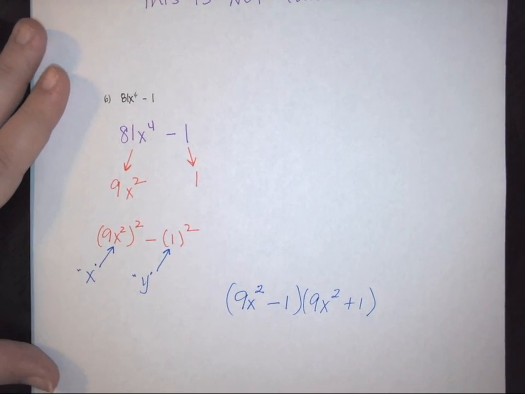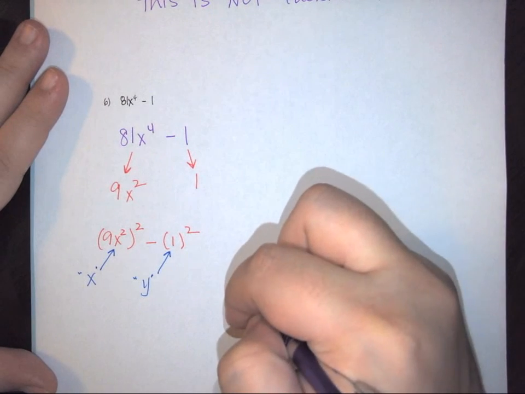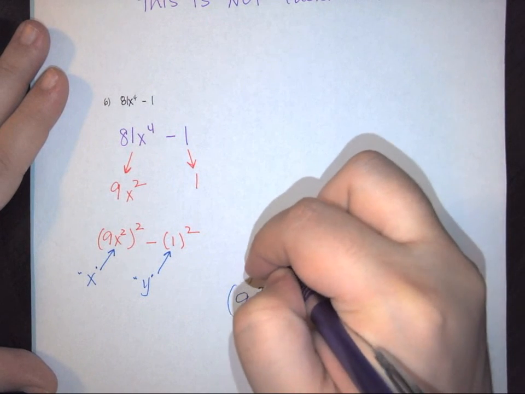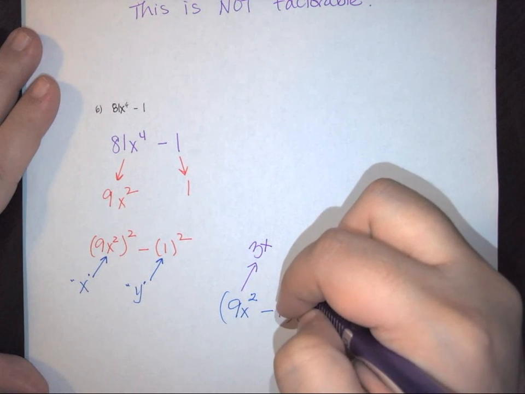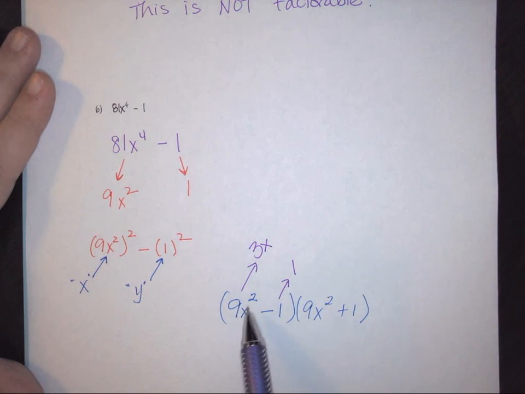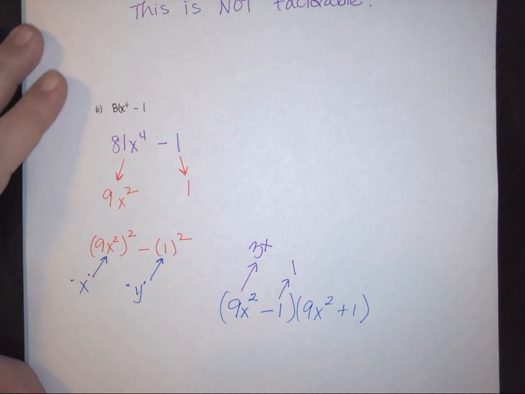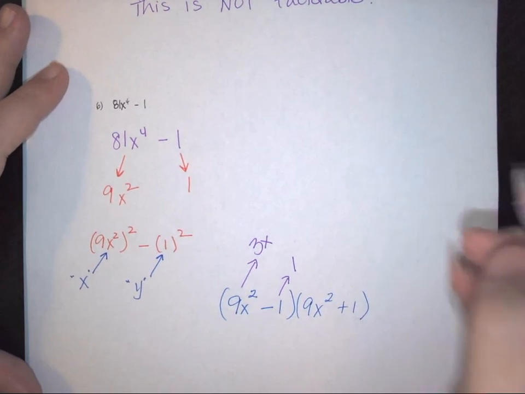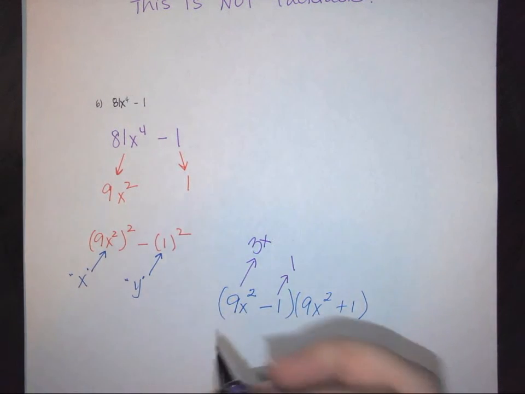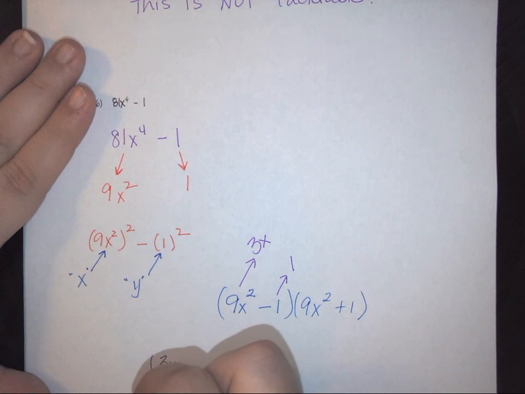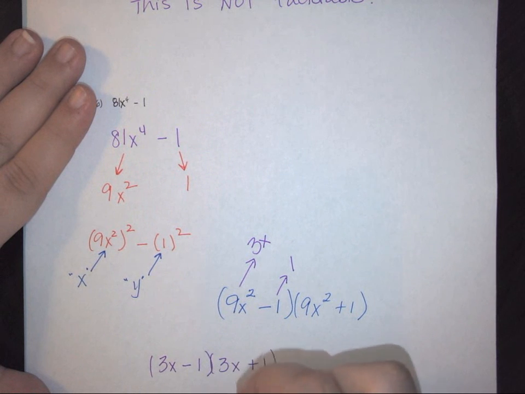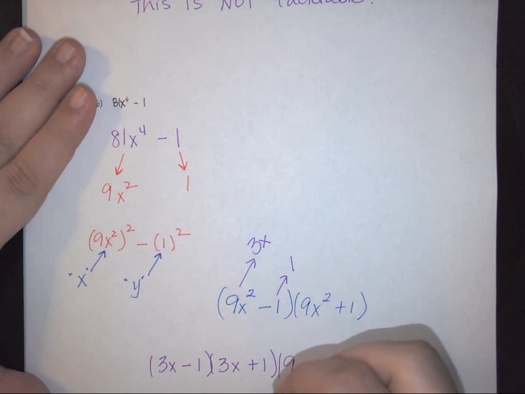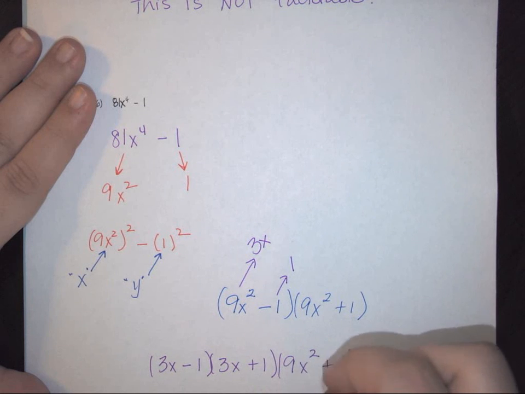Well, we know 9x squared can actually become 3x. We also know take the square root of 1 and we still get a 1. So this term here factors again. And what happens is this term is going to end up becoming 3x minus 1 times 3x plus 1, and then times the 9x squared plus 1.